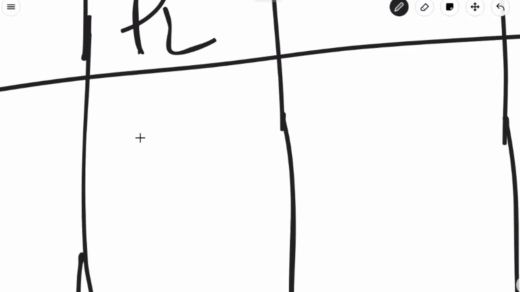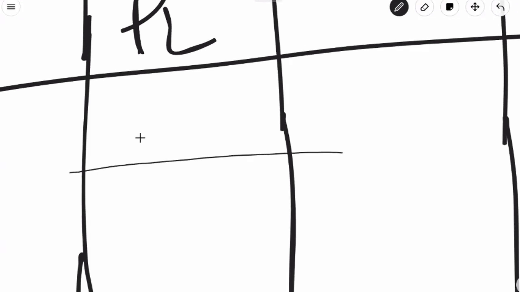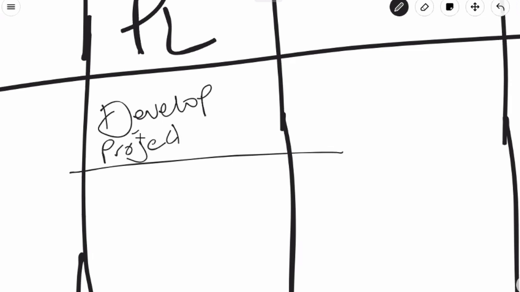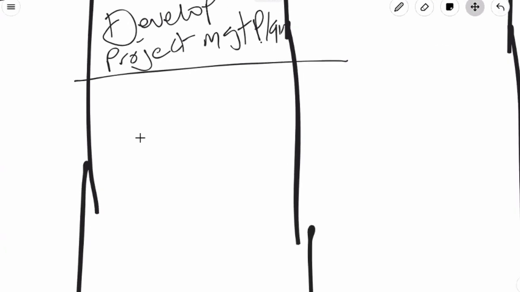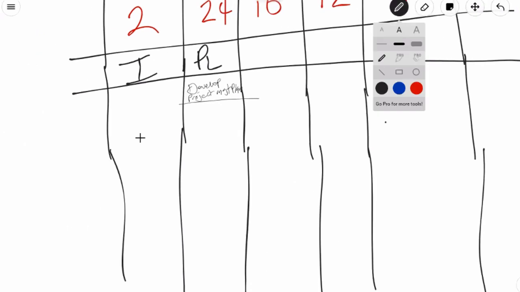If you zero into planning, with the exception of develop project management plan at the top, with the exception of this process, we have this configuration across all of the 10 areas of knowledge, okay?